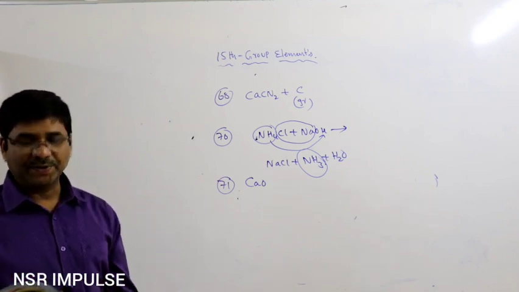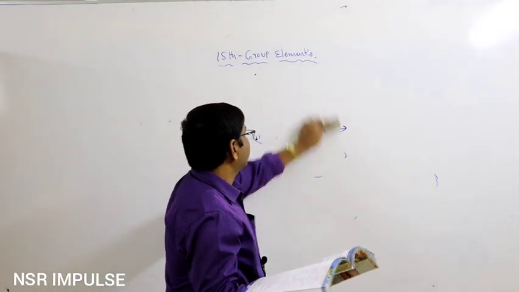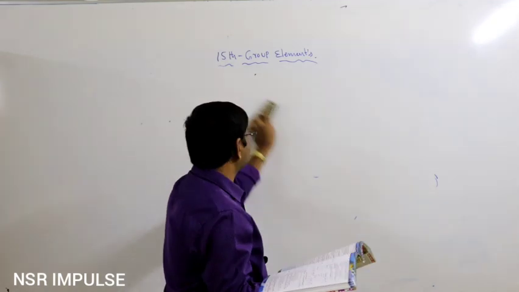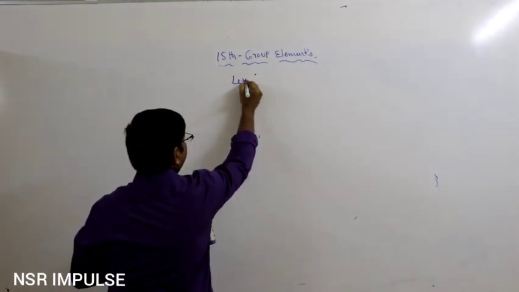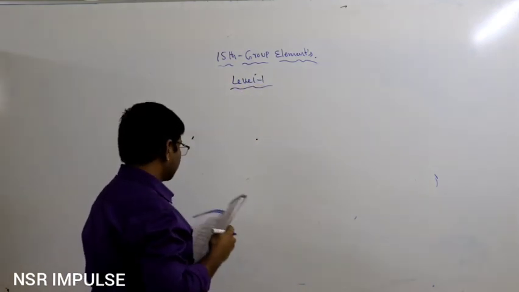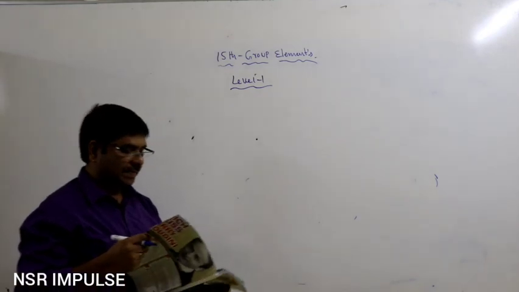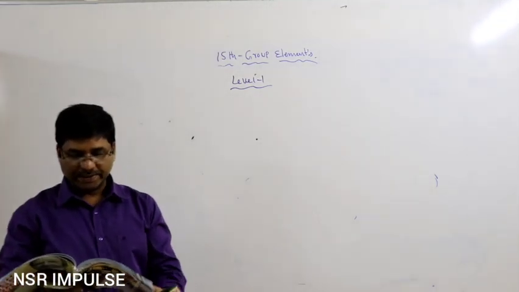Already you know, level 1. CUQ total completed in our 15th group, level 1. In level 1 also, up to 36 completed. Next one is 37th onwards.